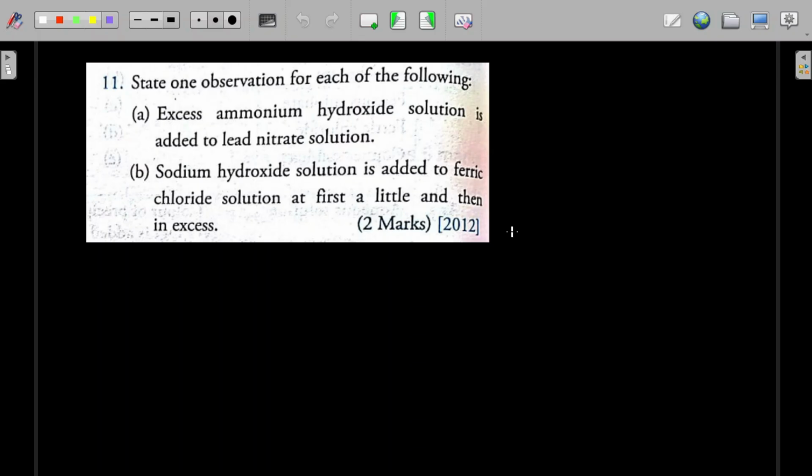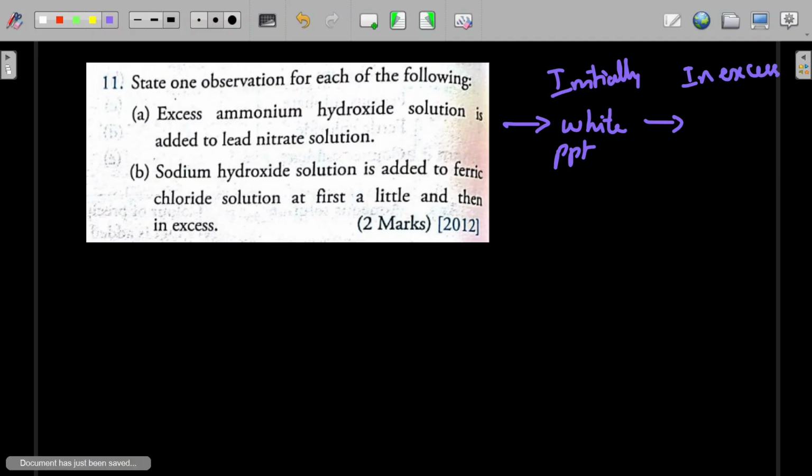Excess of ammonium hydroxide to lead. Darshwana, tell me. Sir, a white precipitate is formed, initially. In excess, colorless solution?